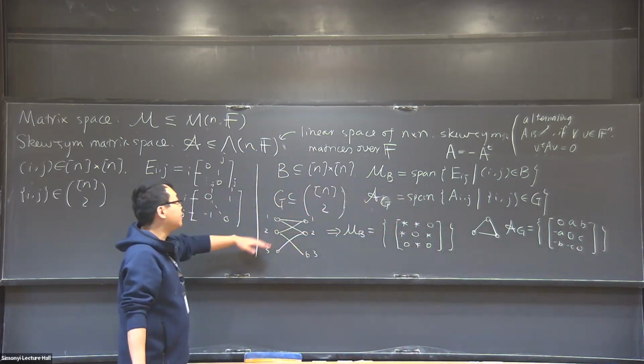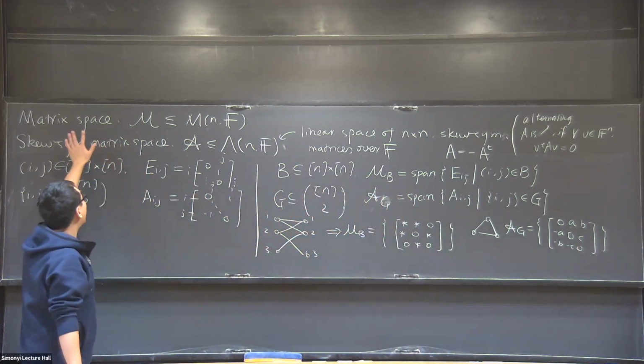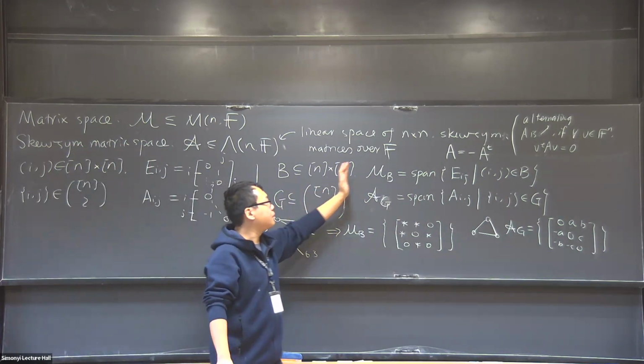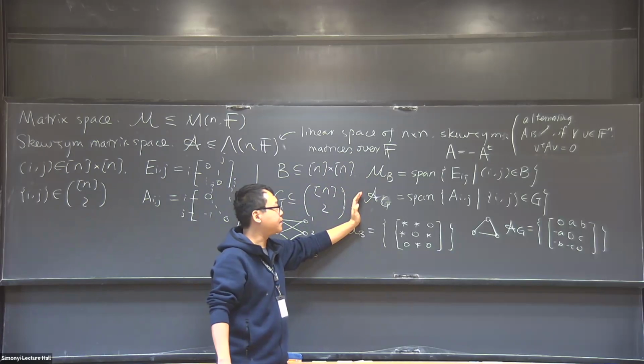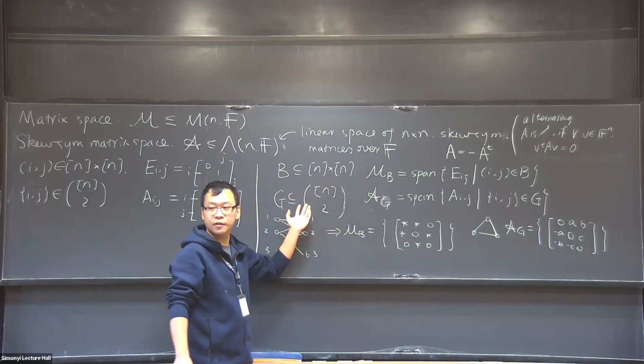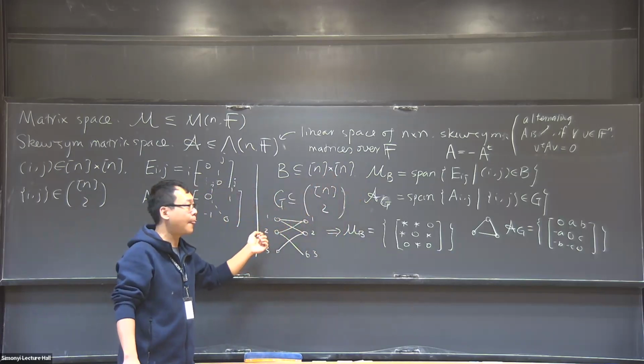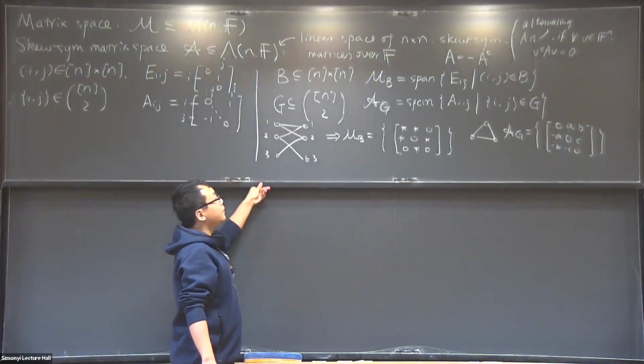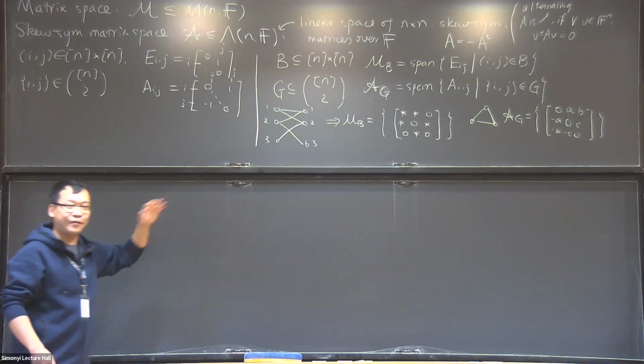So this is, starting from graphs, bipartite graphs or general graphs, you can embed into matrix space or skew symmetric matrix space using these elementary matrices or skew symmetric elementary matrices. Okay, so this is just to give you an idea.